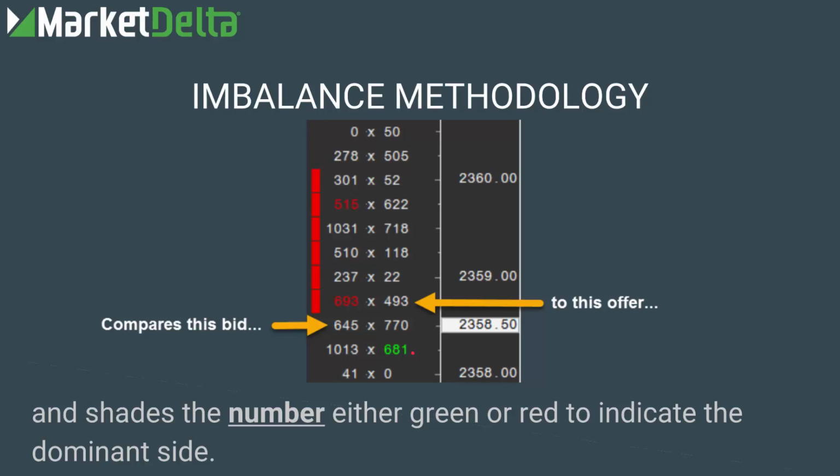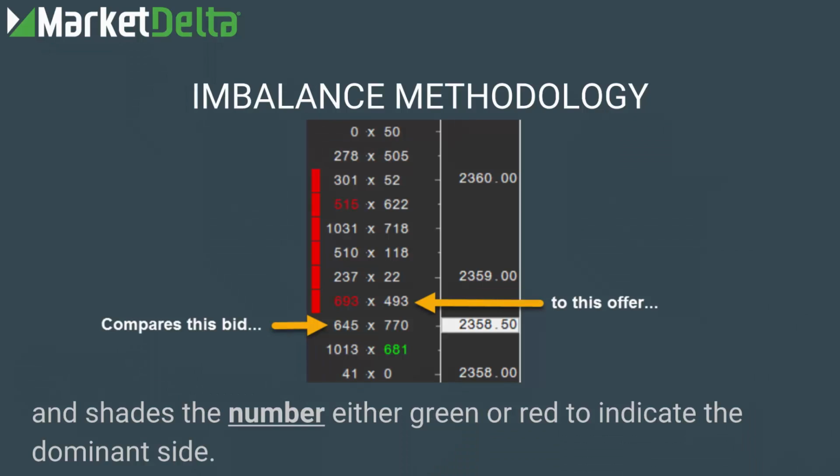You're going to hear that word a couple times in this presentation. This would be a buy imbalance trigger. These are sell imbalance triggers. And everything else you really don't have to concern yourself with. You're mostly focused on these sell imbalances or these buy imbalances. That's where your attention should be most focused when these occur.